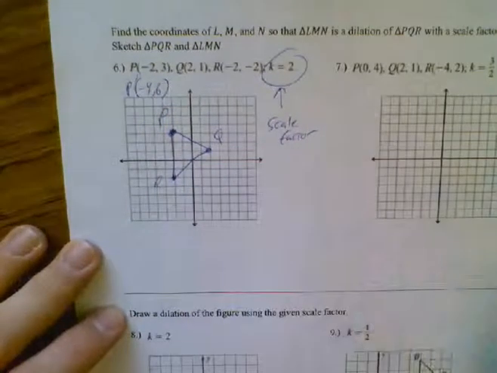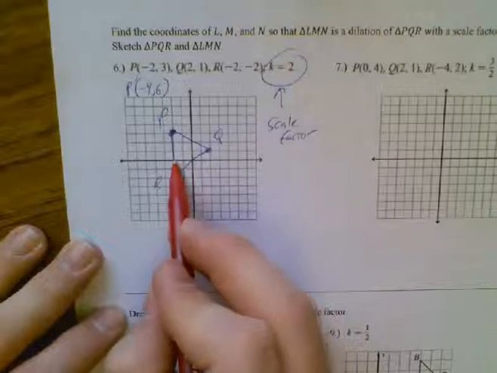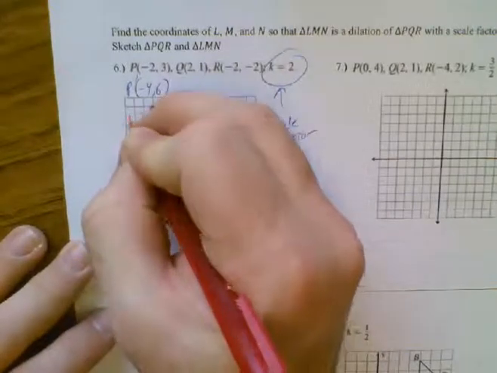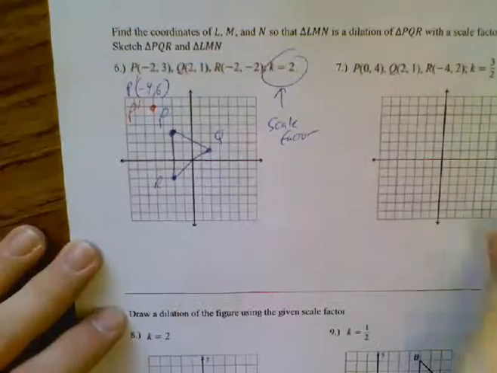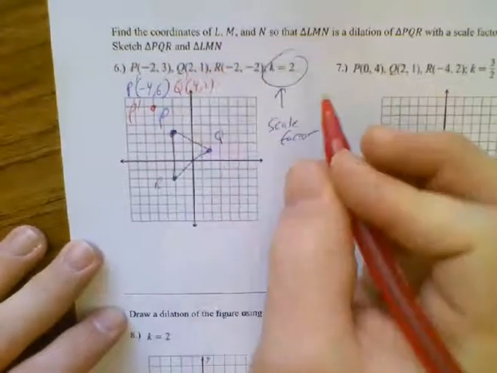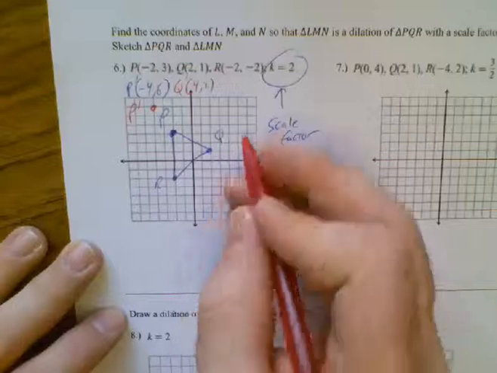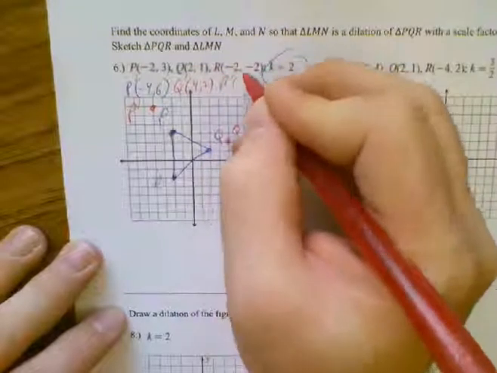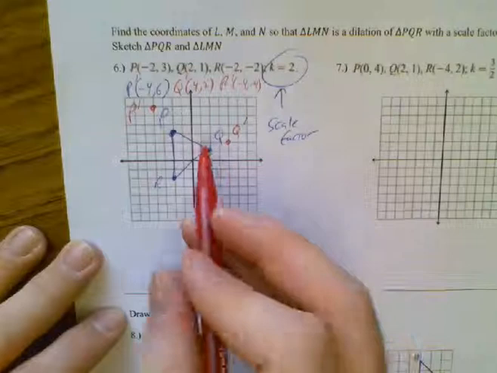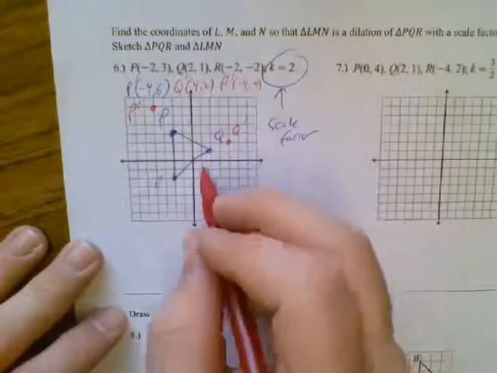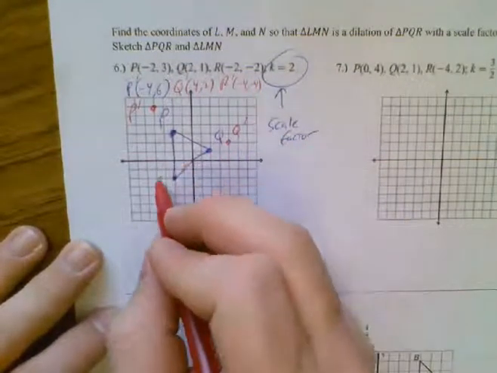Negative 4, here I'll do a different color. Negative 4, 1, 2, 3, 4, 1, 2, 3, 4, 5, 6 is here. That's P prime. Q prime is going to be 4, 2. 1, 2, 3, 4, 1, 2. That's Q prime. And R prime is going to be negative 4, negative 4. 1, 2, 3, 4.